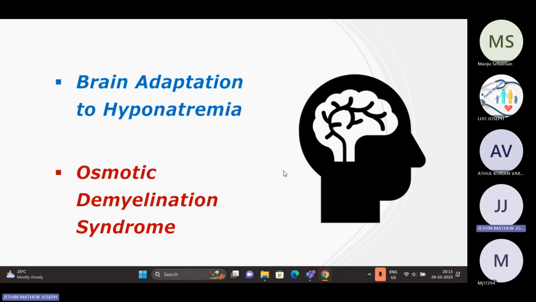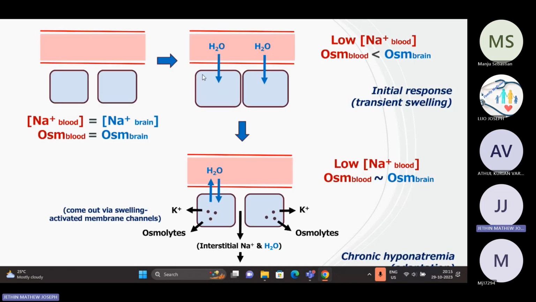Before we get into management, I just want to explain two very important concepts: brain adaptation to hyponatremia and osmotic demyelination syndrome. During hyponatremia, this is our brain cells and this is the bloodstream.